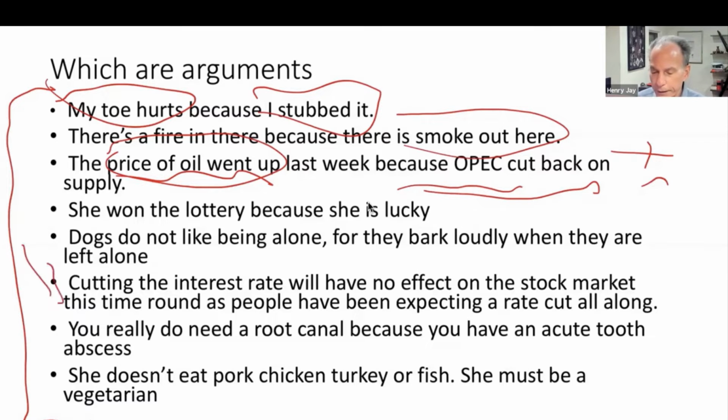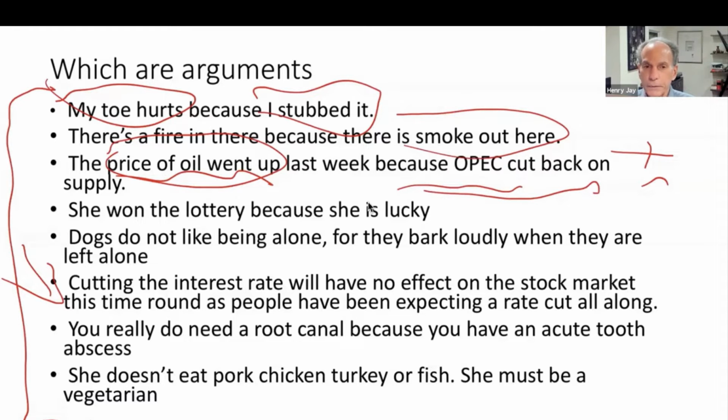What about something that's similar? Cutting the interest rate will have no effect on the stock market this time around, as people have been expecting a rate cut all along. So is that a fact? Is that an explanation or an argument?